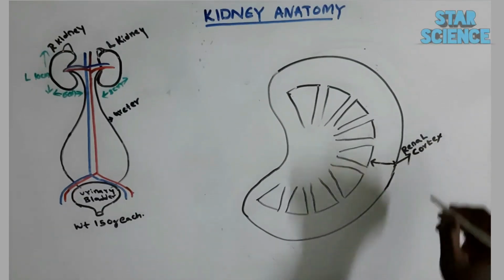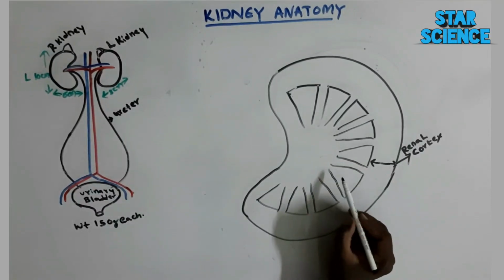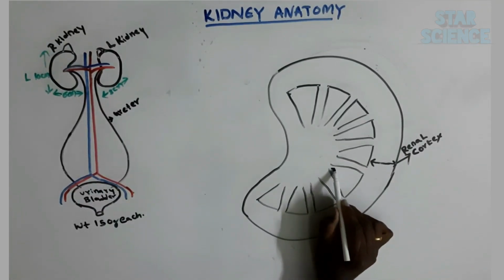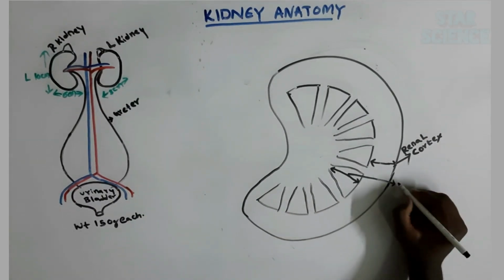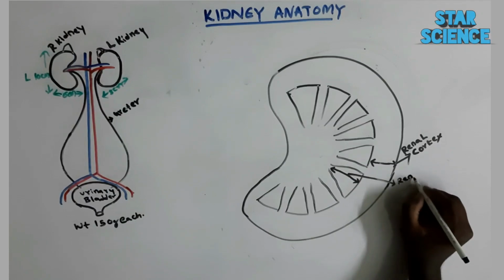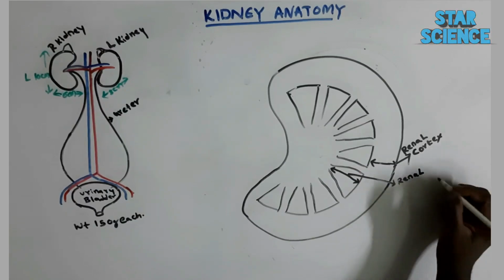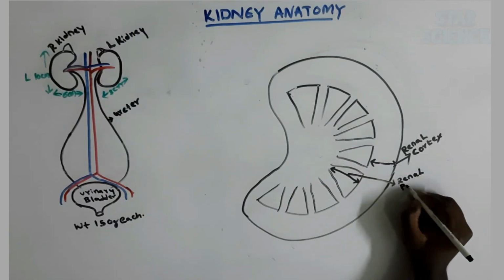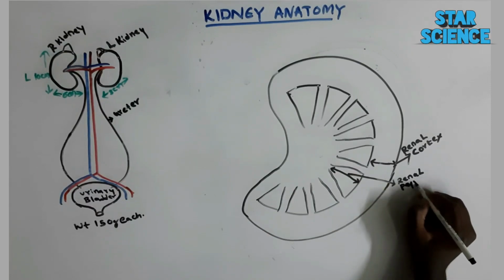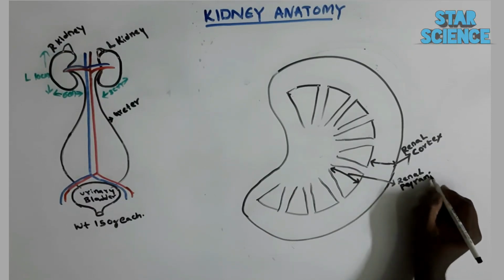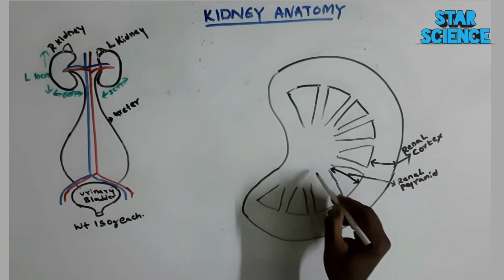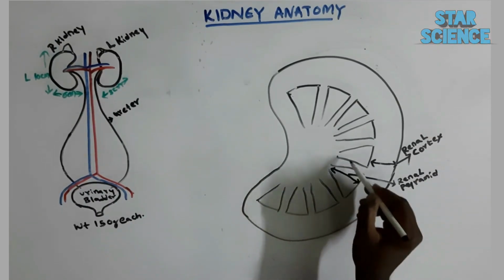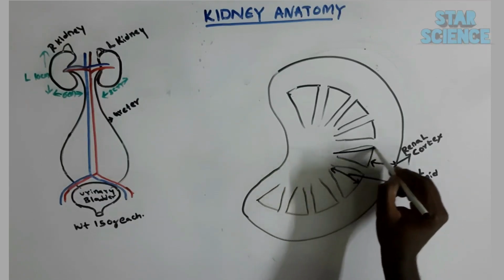And now I am showing you the renal pyramids, which have two parts: the base of the renal pyramids and the apex of the renal pyramids. The base of the renal pyramids is near the inner juxtamedullary zone.